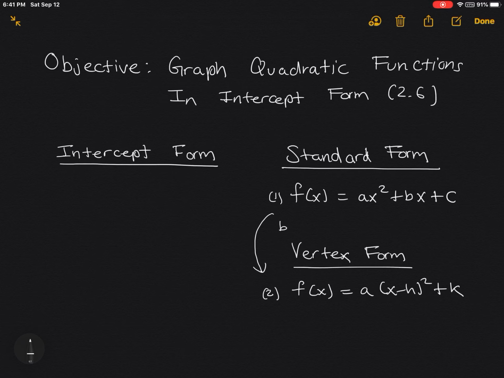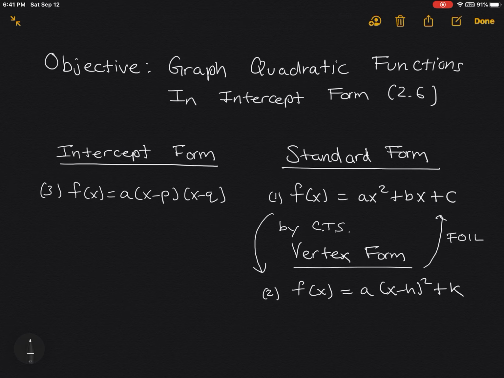And so in the previous lecture, we went from standard to vertex form by what? CTS, right? And if you want to go from vertex to standard, the way you do that is to FOIL, okay? But now what about intercept form? Intercept form is also convenient because it gives you the x-intercepts, x minus p times x minus q.